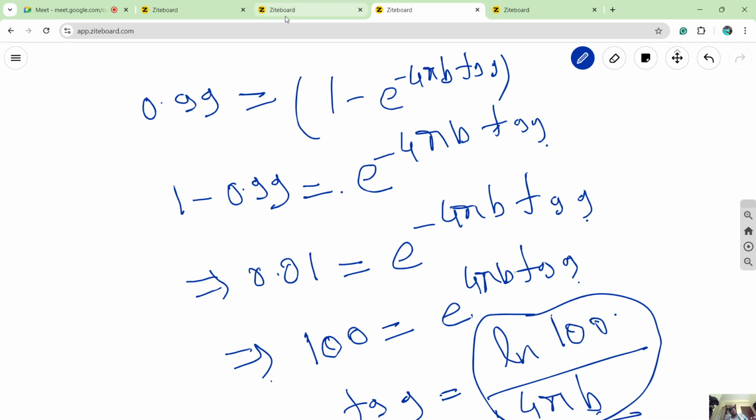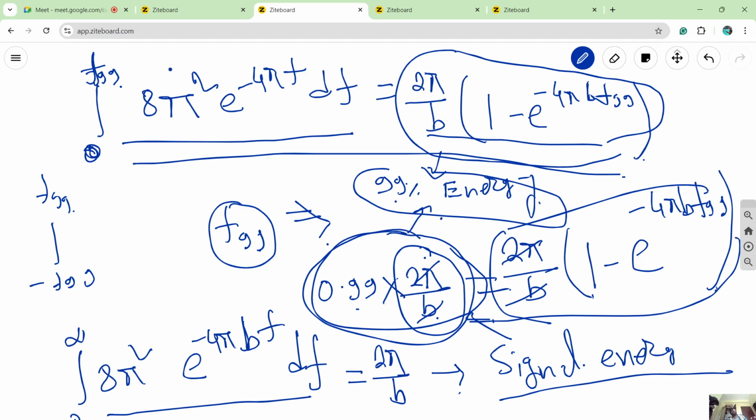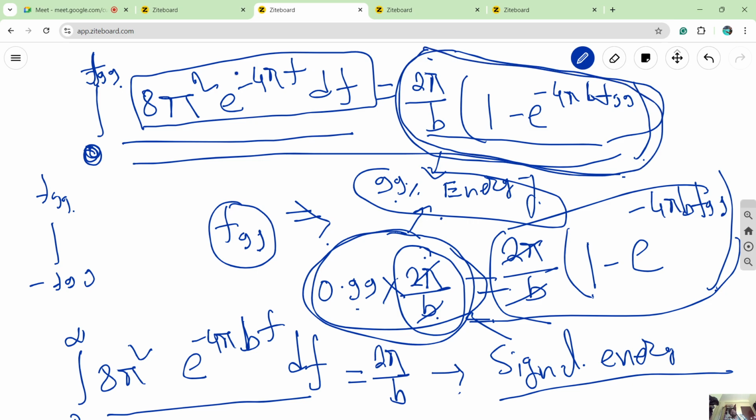So the main motto, I'm again telling, was that we had derived the frequency spectrum. From there, we calculated the energy so that within 0 to F99, this is the actual 99% energy. For that, we have taken F99 as a variable. Then we calculate the energy of the signal based on the ESD.